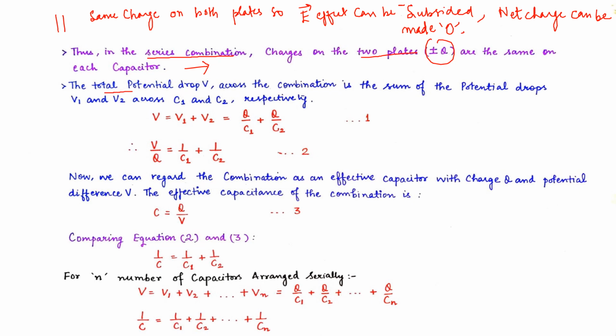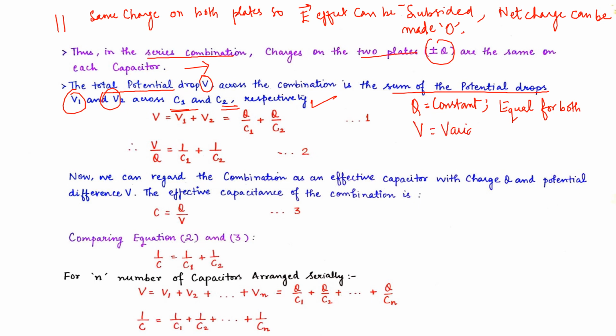The total potential drop V across the combination is the sum of potential drops V1 and V2 across C1 and C2 respectively. Now when Q is constant or equal for both, then V is a variable.